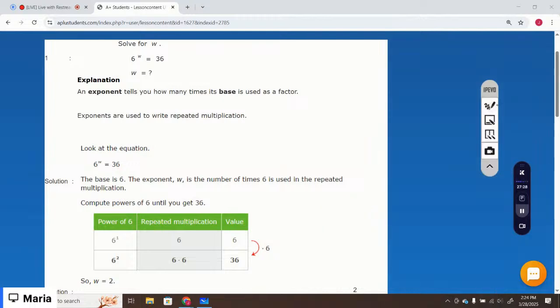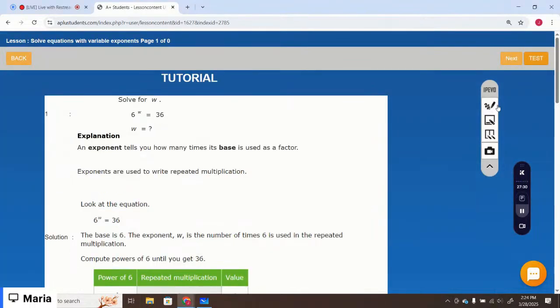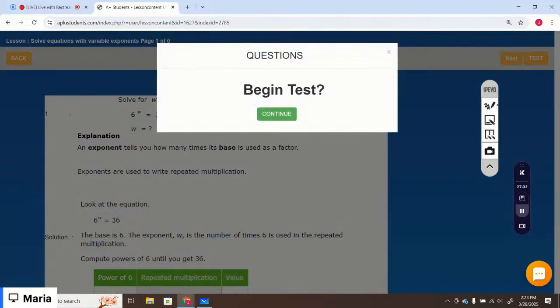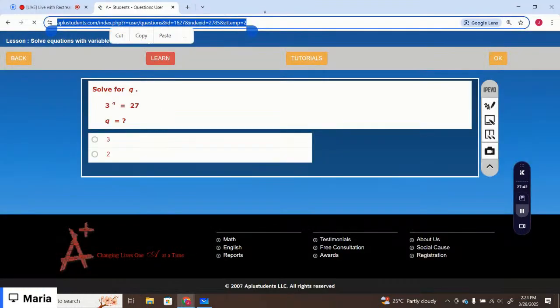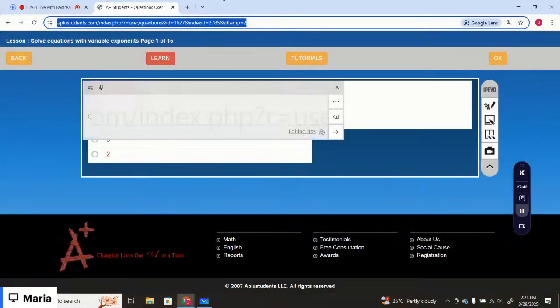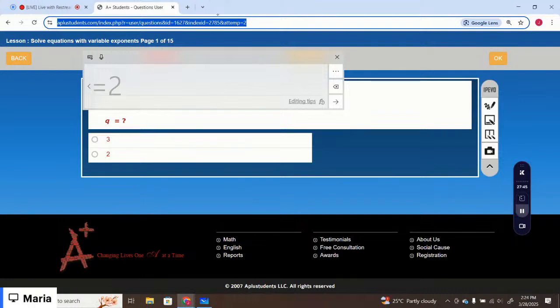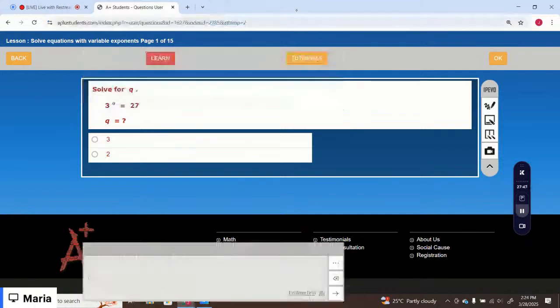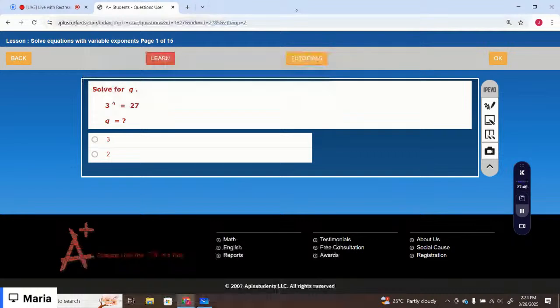Let's just start with the test questions. Solve for Q. 3 exponent Q equals 27.